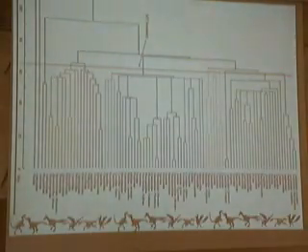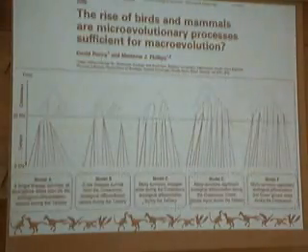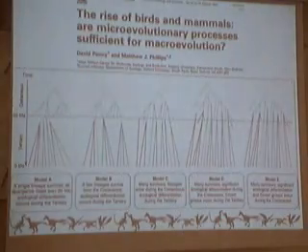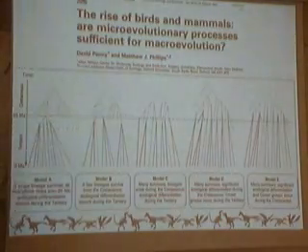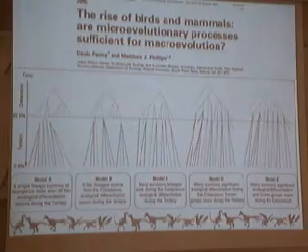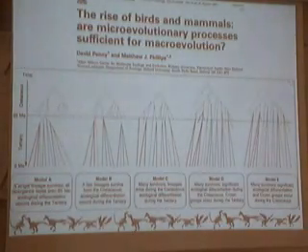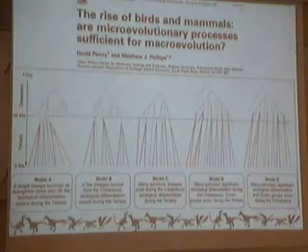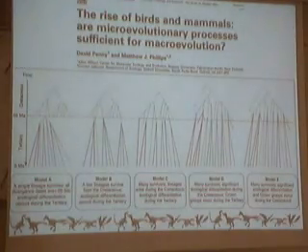And I think if you go back to a paper by David Penny and Matthew Phillips from 2004 in Trends in Ecology and Evolution, you get quite a good background about how to think about the data that we have right now.